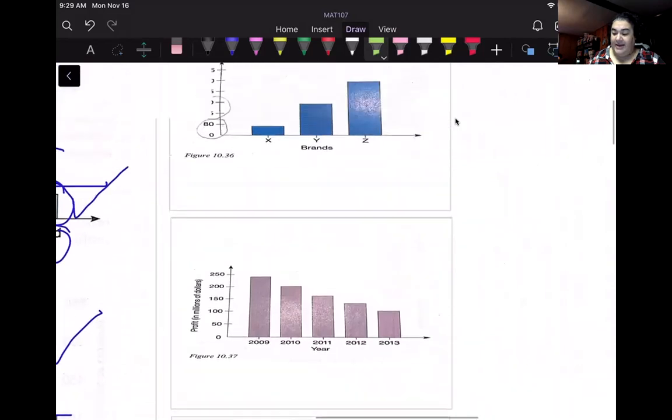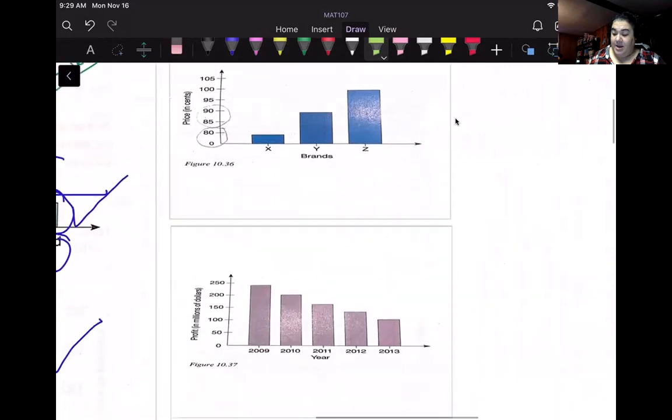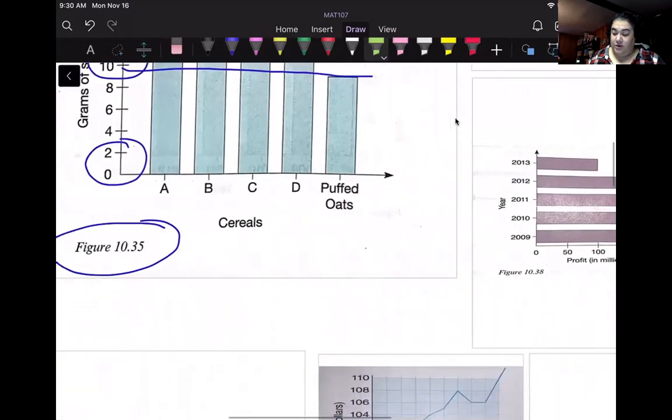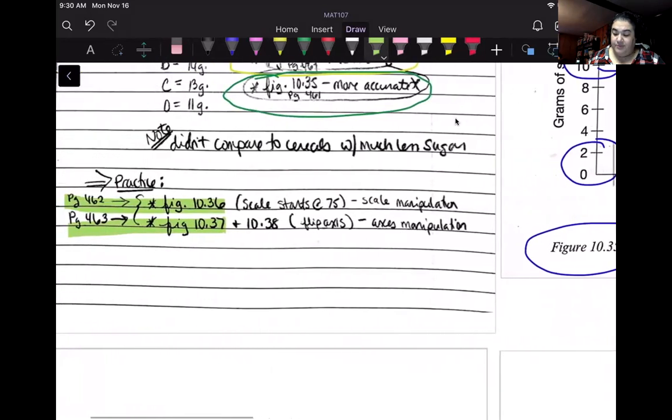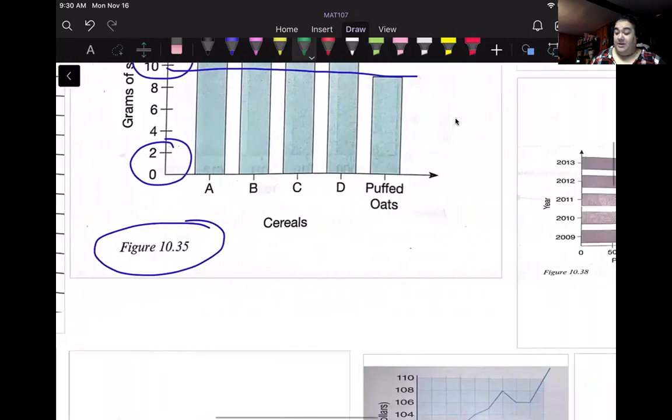Can you look at these graphs? Okay, here's graph 1036, here's graph 1037, and graph 1038. And if you look here, okay, we are looking at 1036, 1037. See if you can determine what's being manipulated. What you should notice is that the scale and the axes are being manipulated, okay?